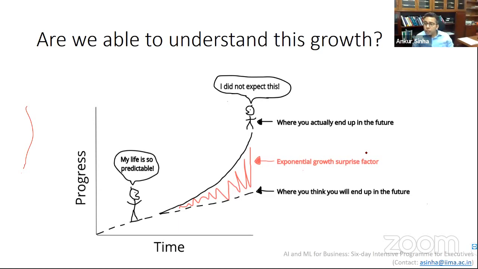But then there is something which is changing exponentially, which is computation and data. Now, what does it mean for businesses? The problem is most of us do not understand what an exponential curve is. For example, if I say each of the steps that I take is 1 meter long, where do I go in 30 steps? In 30 steps, I will go 30 meters.